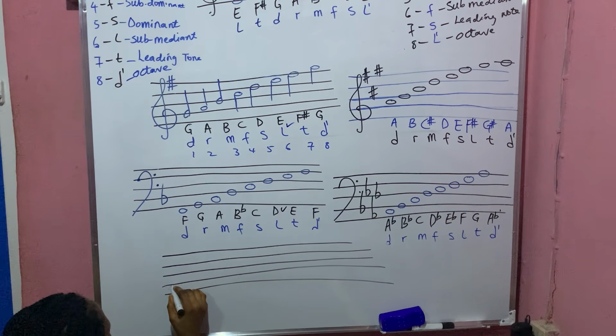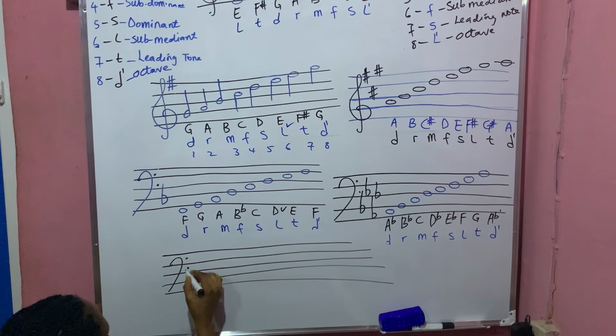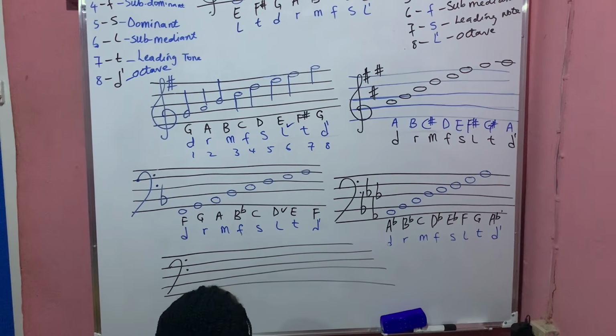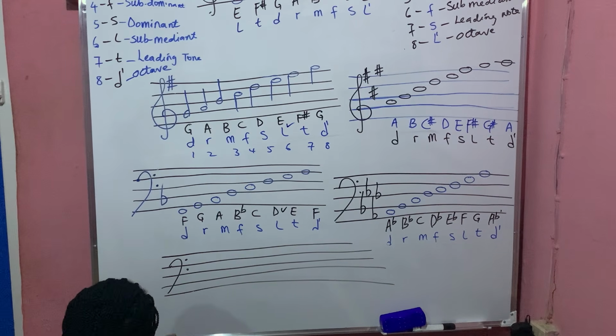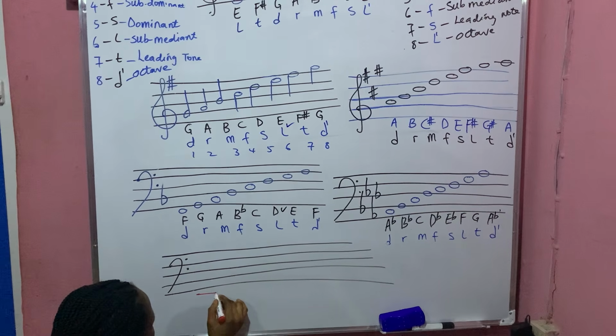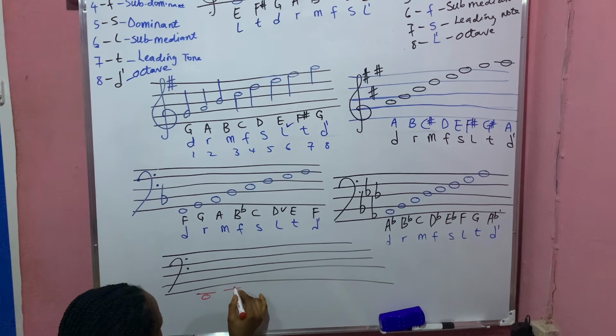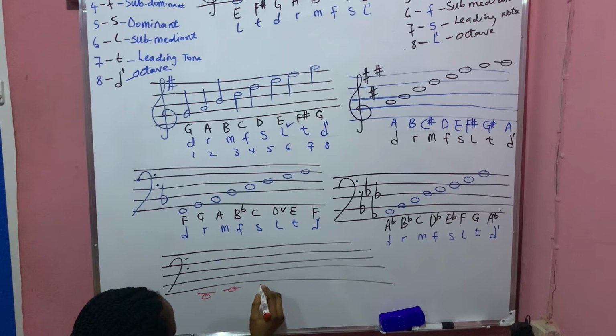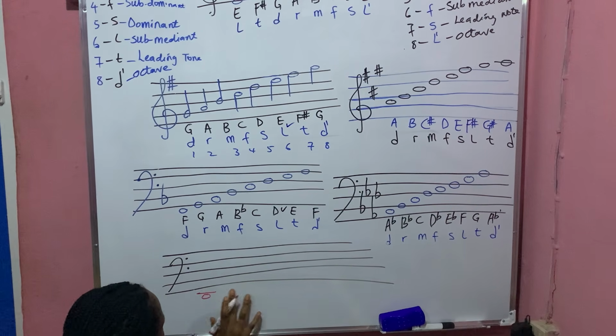So the scale of D minor is going to be, D now becomes the tonic. Let me use the D below. So this means you should go and study. If you're still wondering what I'm doing here, you have to go and study your ledger lines again.